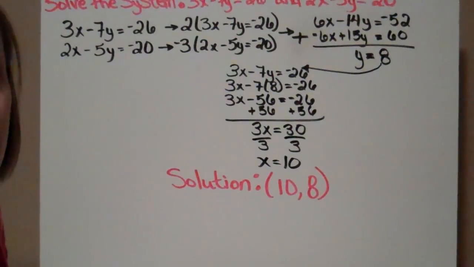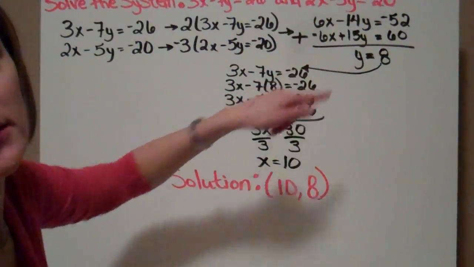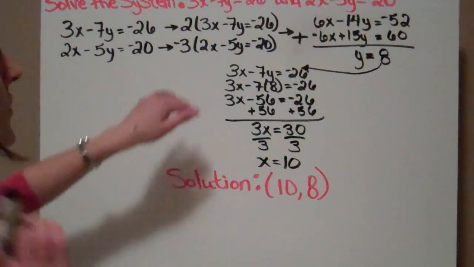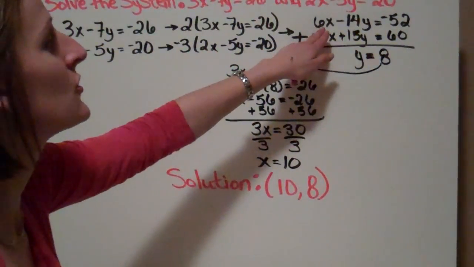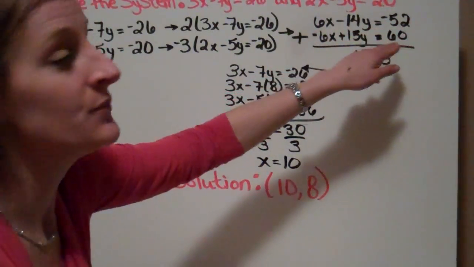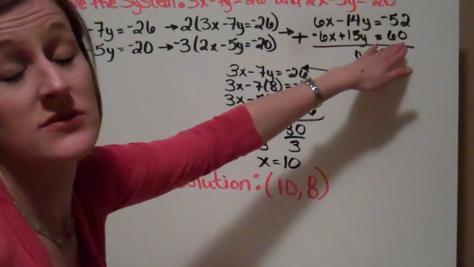That way, since adding is easier, these will actually eliminate. So that's why I've added in the negative 3. So once you distribute, you come over here, you get 6x minus 14y equals negative 52. And negative 6x plus 15y equals 60.